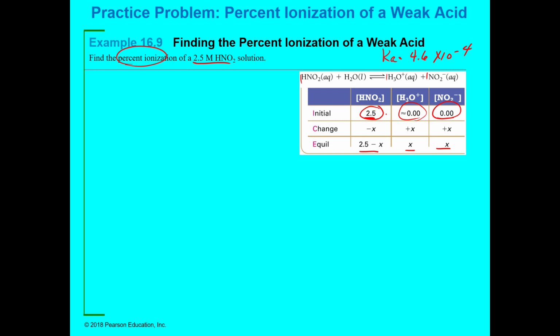All right, so we've got our ICE table set up. So the Ka for this we said is 4.6 times 10 to the minus 4. And that's going to be equal to our usual suspects, H3O plus times NO2 minus, divided by HNO2, which is our acid.